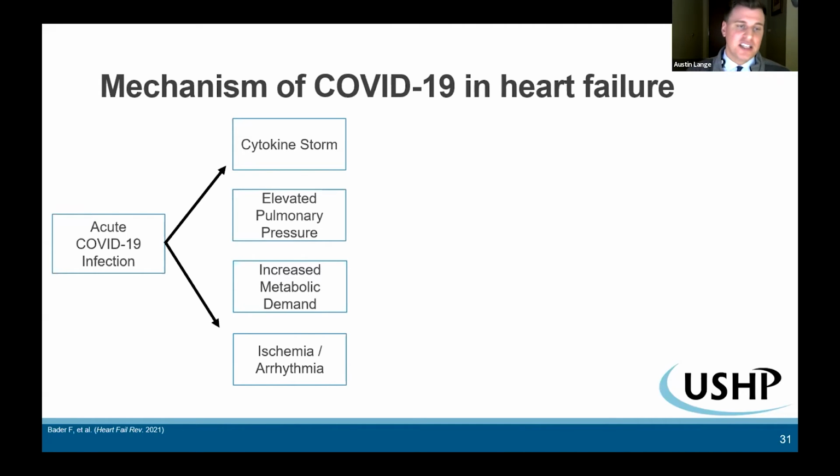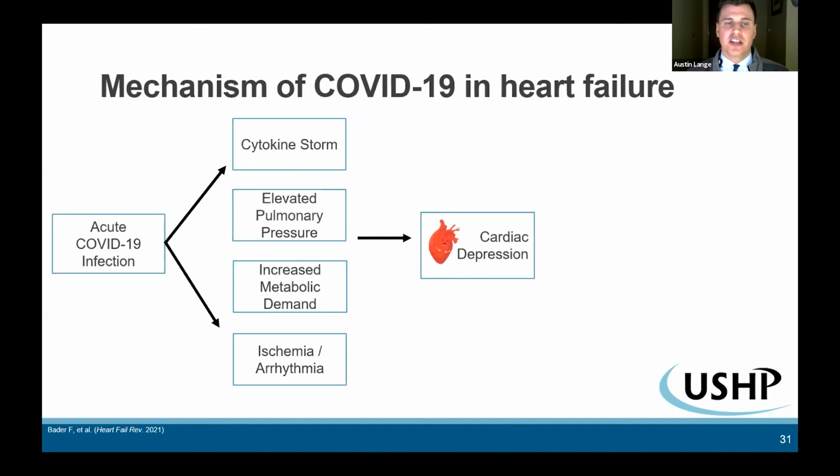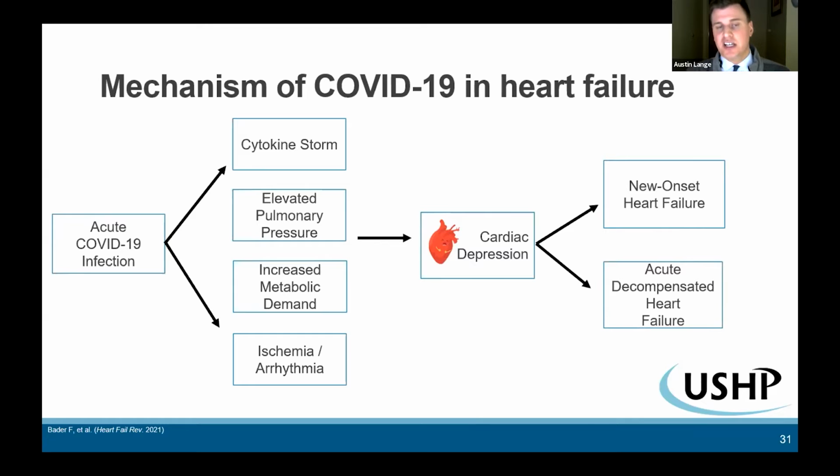We can also have ischemia and arrhythmia that we'll talk about a little later on that might be causing this type of issue, the cardiac depression, cardiac overwork, which can lead to new onset heart failure, as well as, again, acute decompensated existing heart failure.